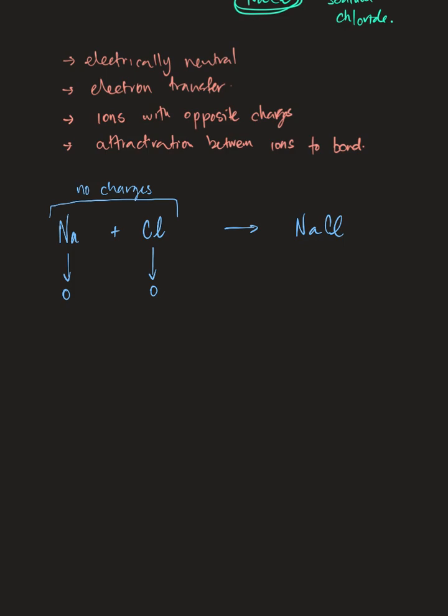Now when I get to this side, how this actually formed was there was electron transfer. So when I'm looking at sodium, the charge is actually +1, and chlorine's actual charge is -1. And together, they have no charge.